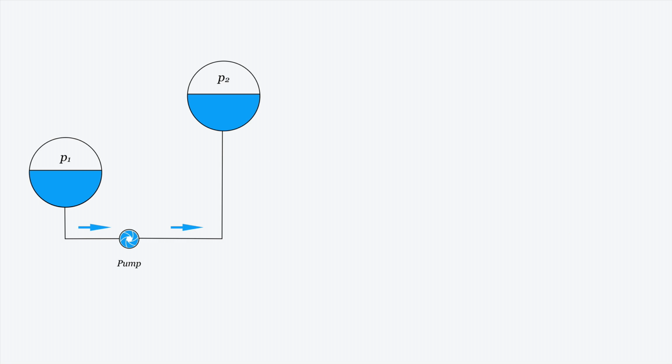In this case, we have two vessels under pressure, P1 and P2. This could be, for example, vessel 1, the deaerator in a feed water system of a power plant, and we have to convey the feed water from the deaerator to, for example, the boiler drum.